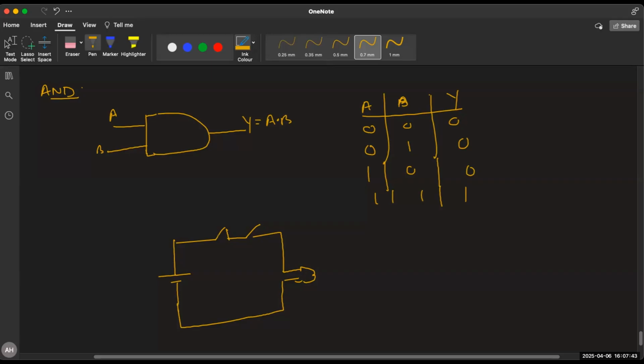Still incomplete, right? This is closed means this is 1 and this is 0. Still it is incomplete from here. Current will not flow, bulb will not glow, it's 0. But when you close both the keys, then bulb will glow and you will get 1. So this is the analog circuit for the AND gate. Just note it down. Then we do combination of gates.